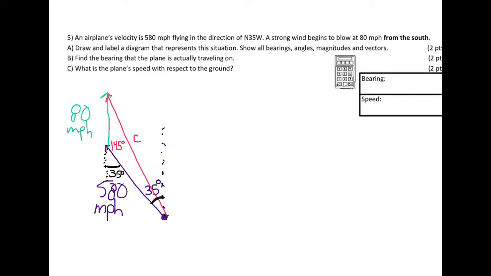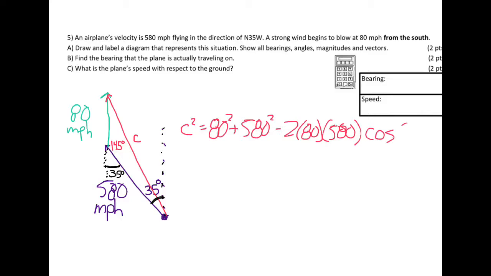And so I can use the law of cosines and set up my equation as C squared equals the other two sides squared and added together minus 2 times those same other two sides, times the cosine of the angle that I know, 145.